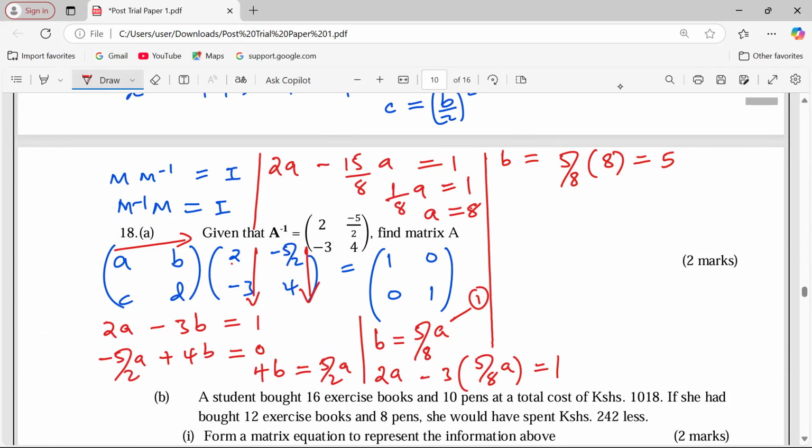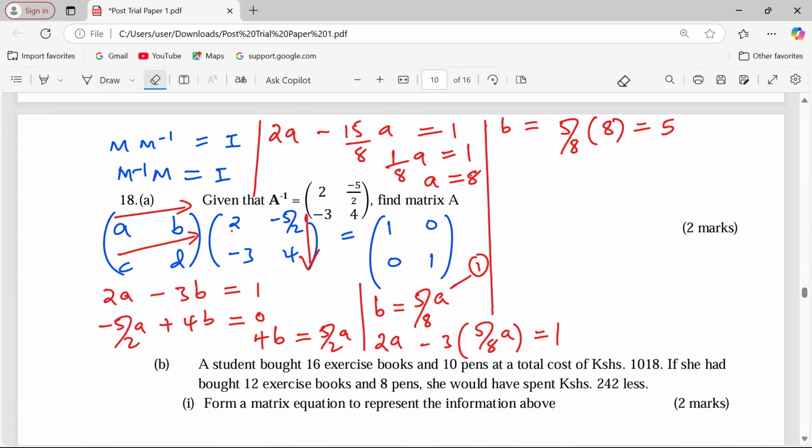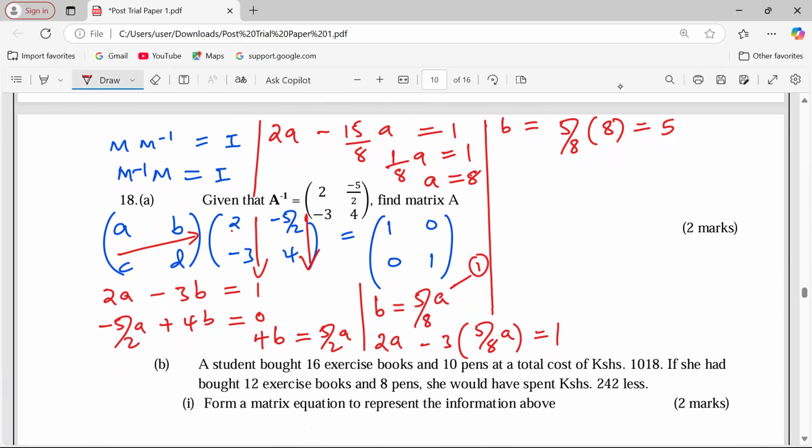The next thing that we are going to find is C and D. So when we take C and D, we multiply by the first column here. We're supposed to get the first term here, which is a 0.